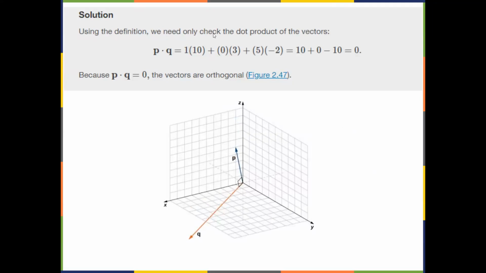Using the definition, we only need to check the dot product of the vectors. Because P dot Q is equal to 0, the vectors are then orthogonal. That's literally all it's telling you to do. You don't have to go crazy and try to find the distance between the two. You're just finding the dot product. Makes sense, because that is what the section is.